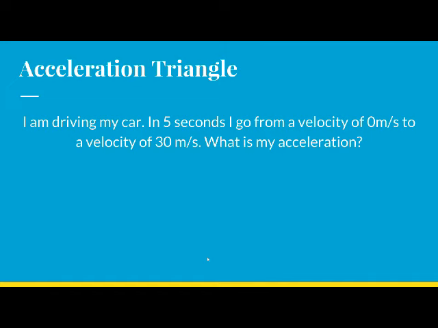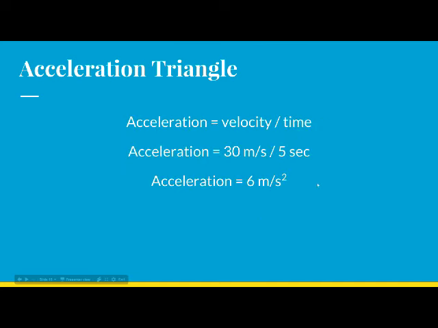So here's an example problem. I am driving in my car, right? In 5 seconds, I go from a velocity of 0 meters per second to a velocity of 30 meters per second. What is my acceleration? So here we go. Acceleration equals velocity divided by time. Acceleration equals 30 meters per second divided by 5 seconds.